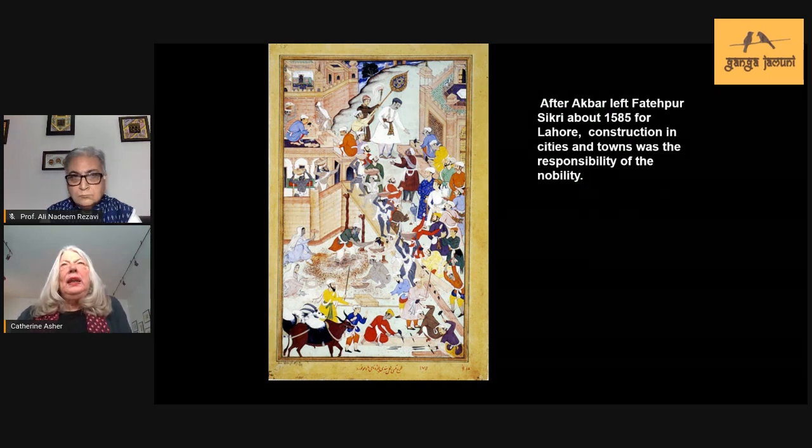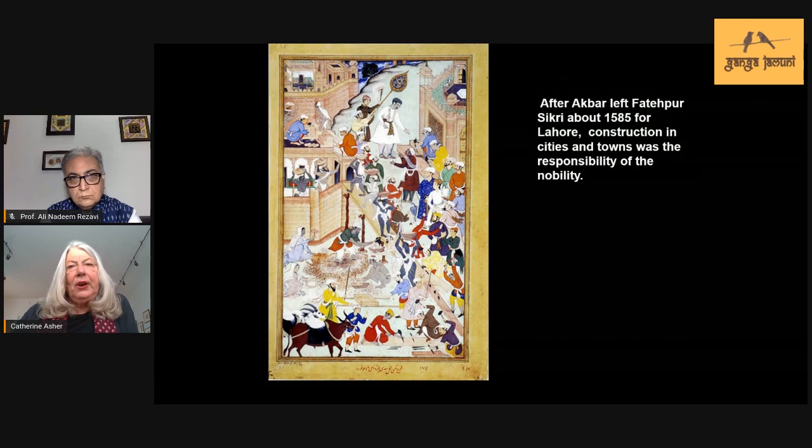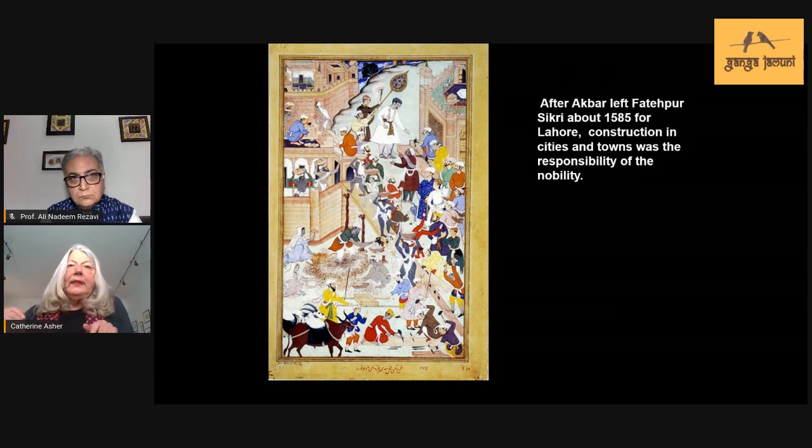And at this point, he basically gives the responsibility of architectural construction to the nobility. Certainly, we see this very easily in the case of Ajmer, where he has nobles building the city walls, the gates, and so on and so forth.